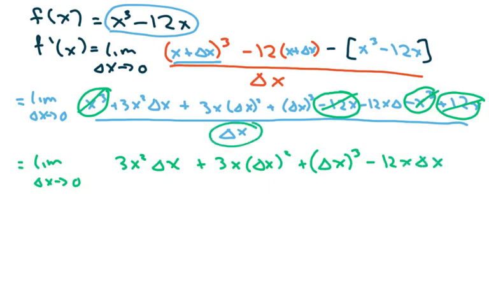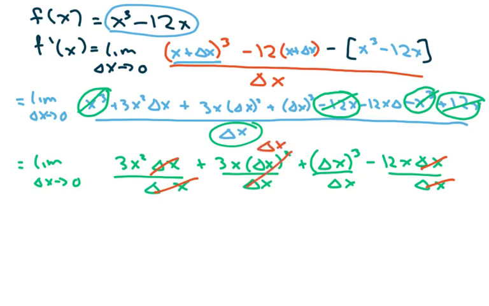Now this part, I'm going to just divide each piece by delta x. And what happens is these two cancel, these two cancel, this goes into it one time, and this one goes into this twice.